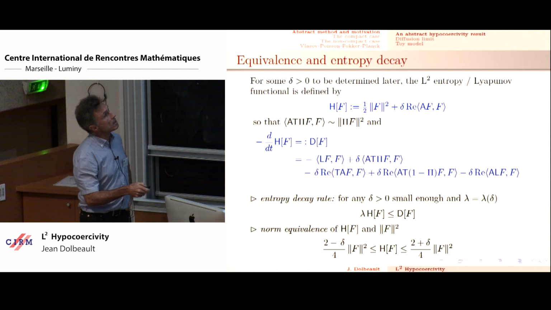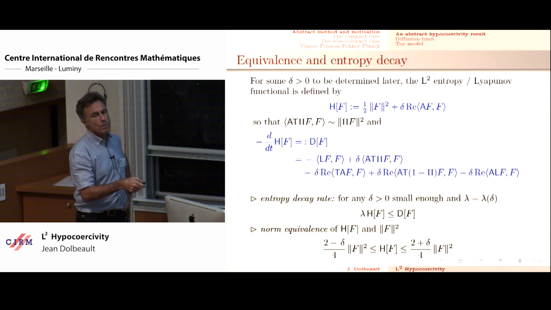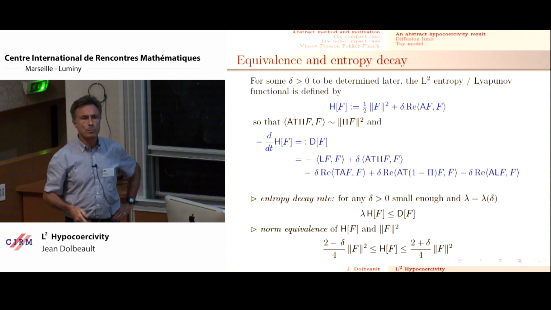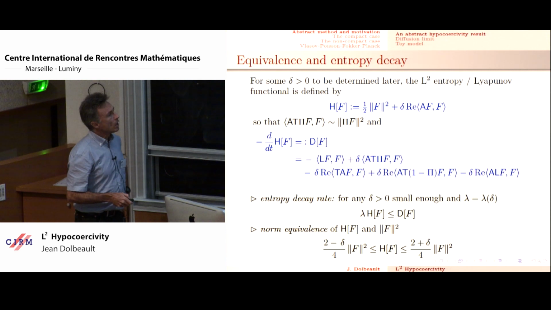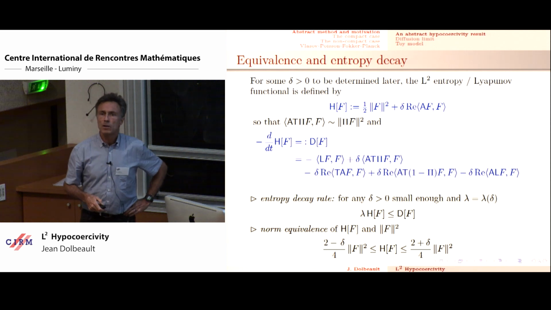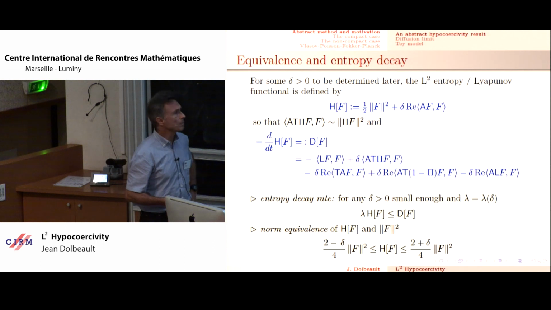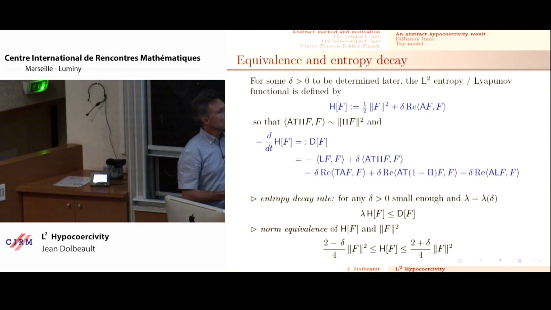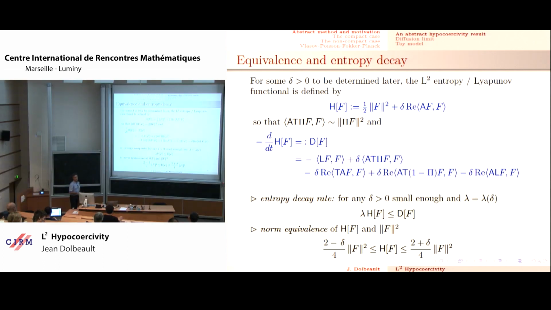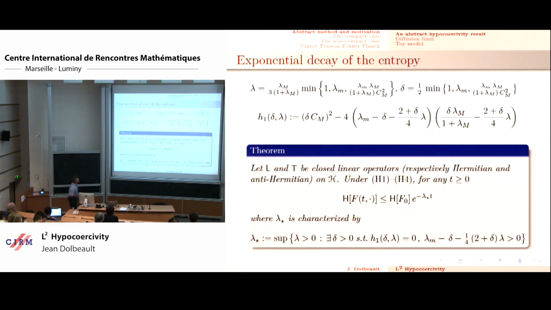And the point is that this term here is just a perturbation of the norm because we built A in such a way that it's a bounded operator. So you have the equivalence of the norm. So this tells you that h of f along the evolution is exponentially decaying with a rate e to the minus lambda t. And once you have this, you have the exponential decay of the L2 norm, of course, up to some multiplicative constant.